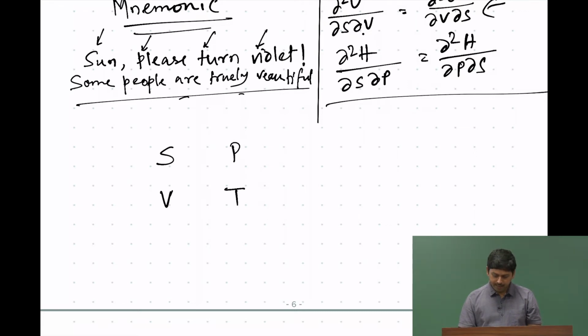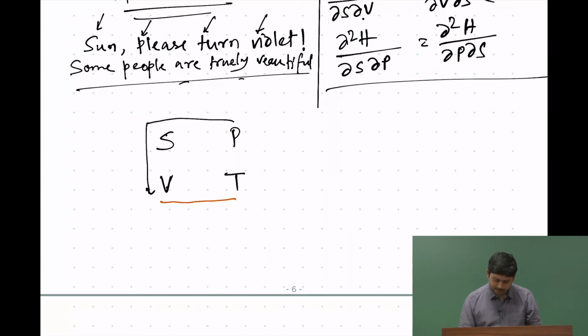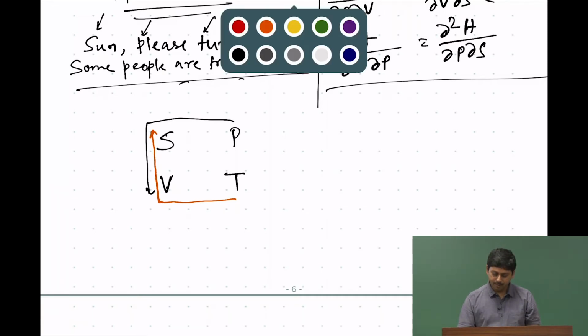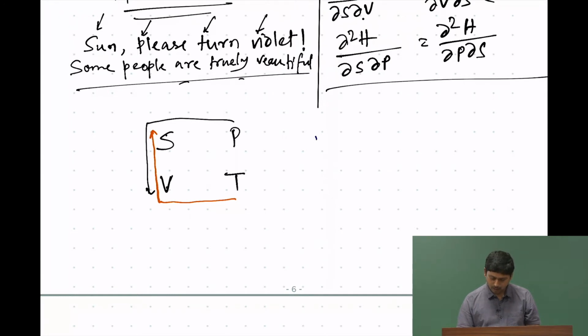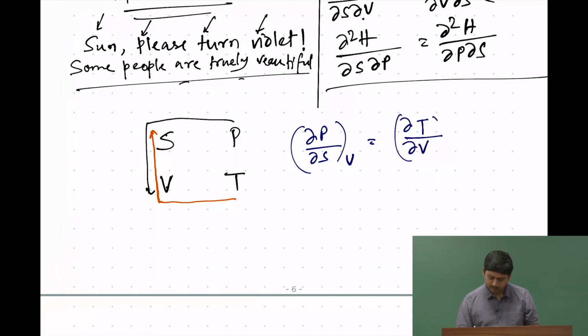If you do that del P del S at a constant V, the arrow comes just like this, and that will correspond to del T del V at a constant S. So, we will write that here, del P del S at a constant V is del T del V at a constant S. However, as you can see, one arrow is going down and another arrow is going up.